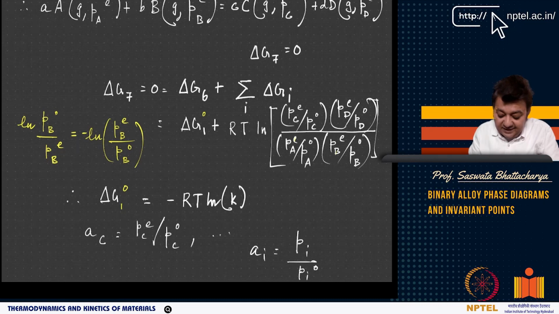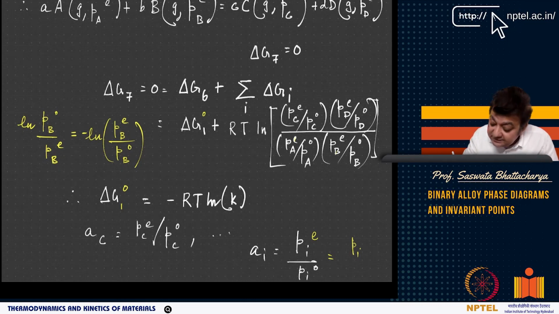And now if you define AC, the activity of C, as PC equilibrium by PC0, where PC0 is the vapor pressure in the pure state for pure component C. PC equilibrium is the vapor pressure when you have a mixture of component A, component B, component C, and component D. So AI can be written as PI, the partial pressure of component I in the mixture, or the equilibrium partial pressure of component I in the mixture.